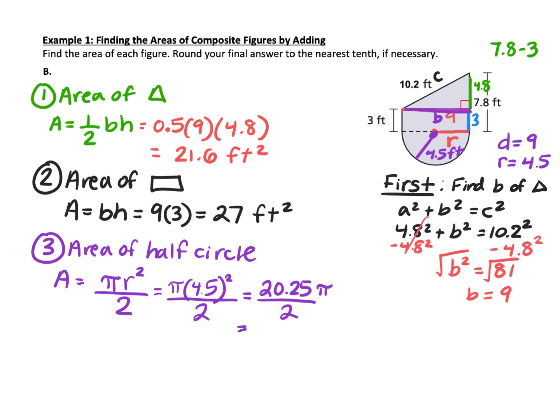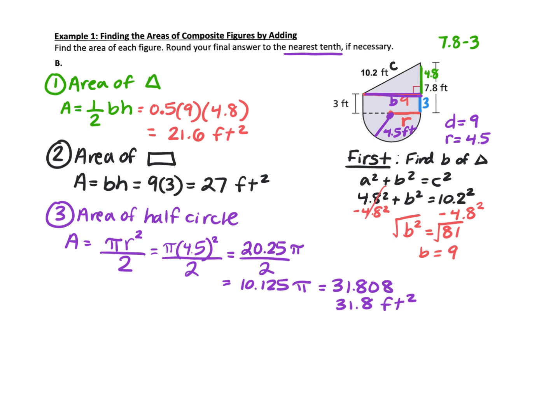So 20.25 divided by 2 is 10.125 pi. We're going to want to round the final answer to the nearest tenth, so we can convert that by using the pi button on our calculator. I'm typing 10.125 and then hitting the pi button, and the calculator is giving me 31.808. We can round that to the tenths place, so 31.8 square feet.